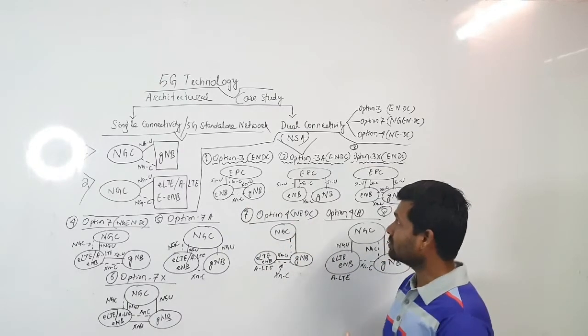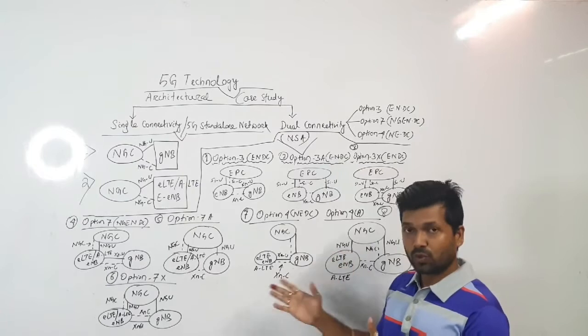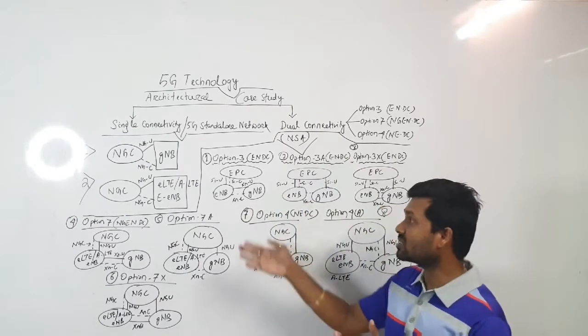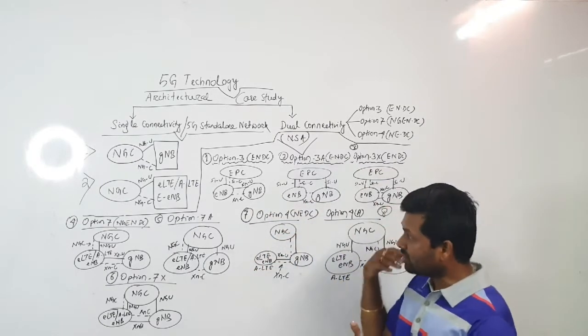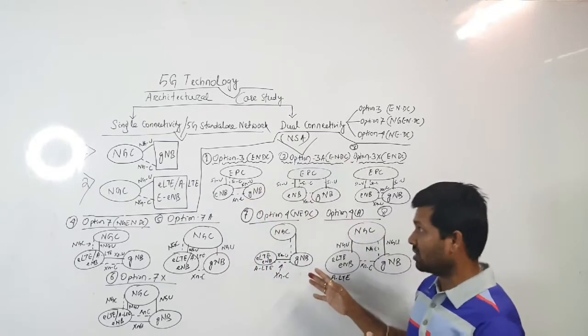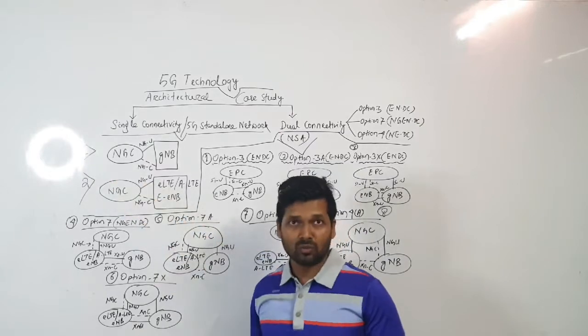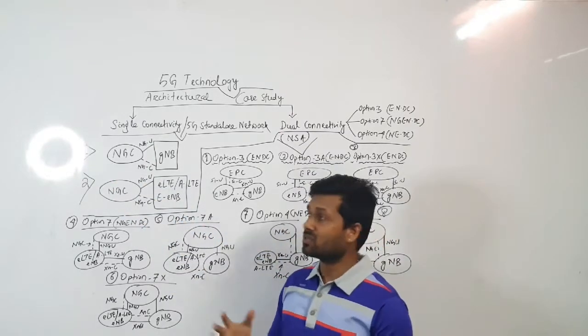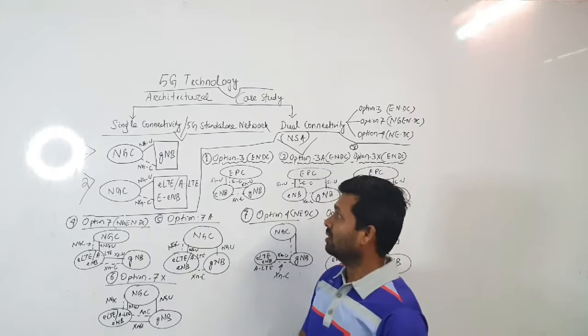network now. So let's explore each of these options, how the signaling flow happens, how the user data is transmitted and received in each of these architectural options. The first option, which is nothing but option 2, sometimes it is referred to as option 2.